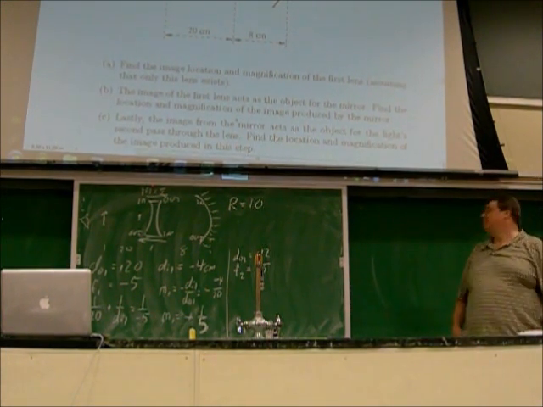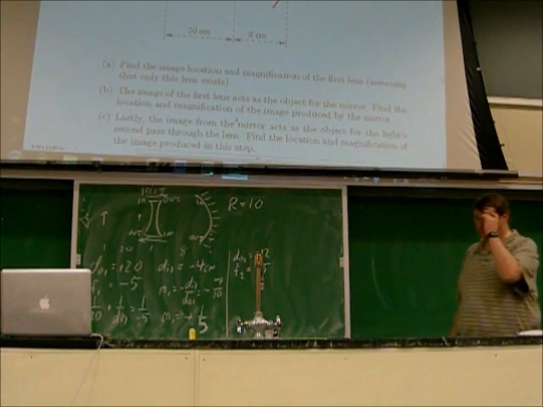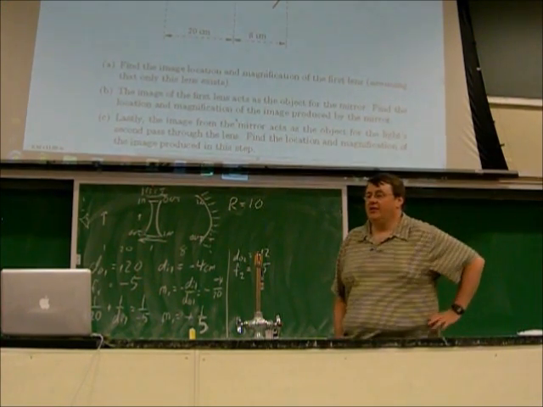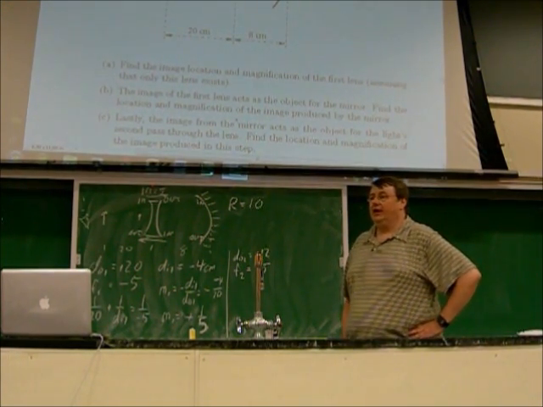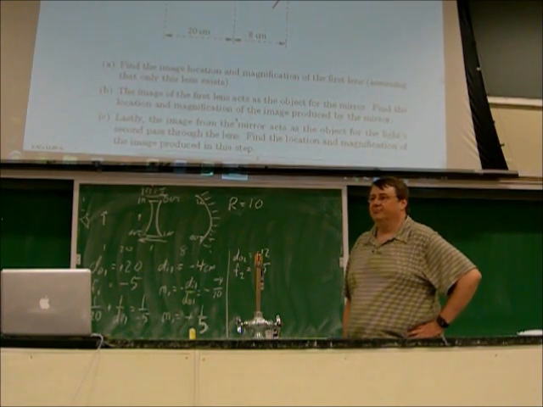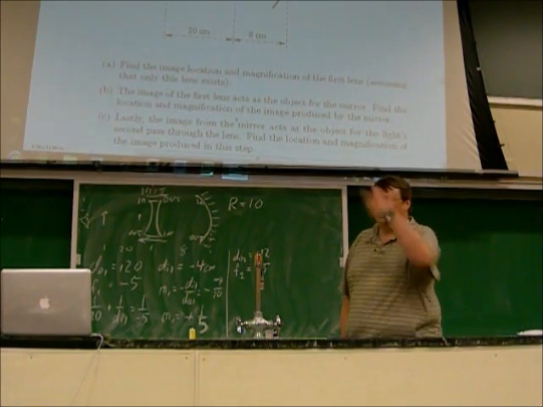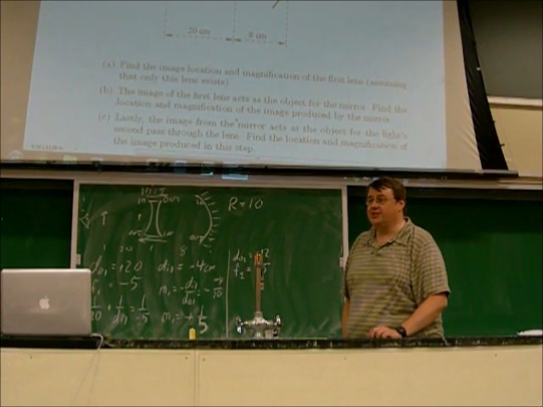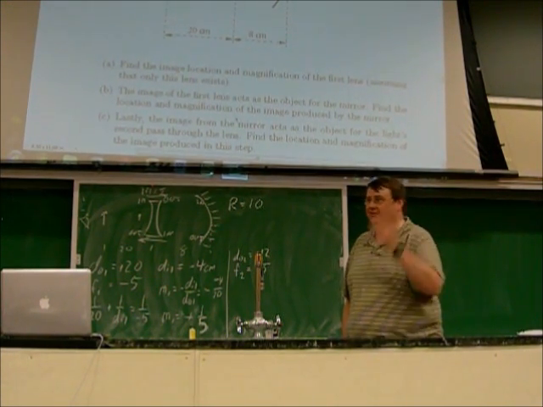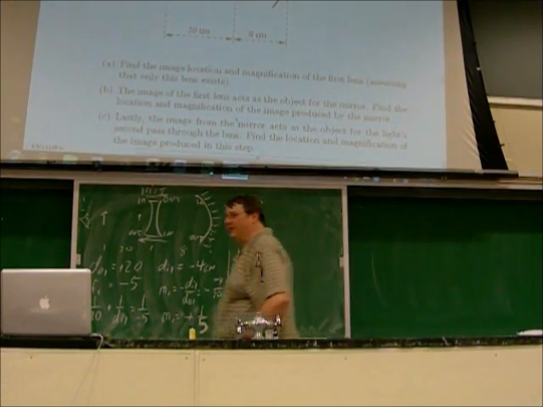Does the virtual image appear behind here? Well, you go to the bathroom and you look in the mirror. What do you see? You see yourself. Where are you? Behind the mirror. So yes, virtual images can be behind the mirror.